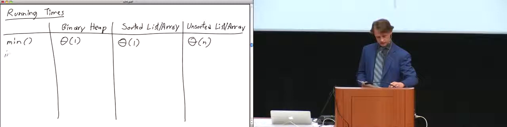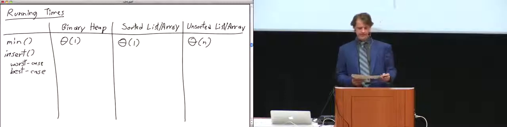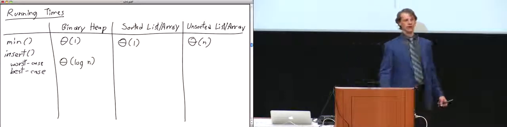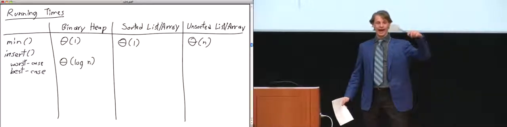Then there's the insert operation. And just for completeness, I'll look at both the worst case and the best case time, since they're a little different. So when you're doing insert on a binary heap, that takes theta log n time. And I will say more about why that's true in a minute, but the running time is proportional to the height of the heap, which is log n.